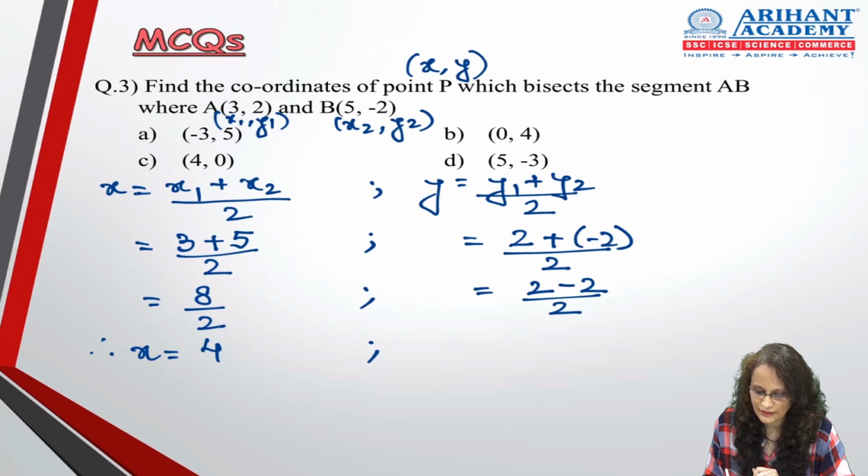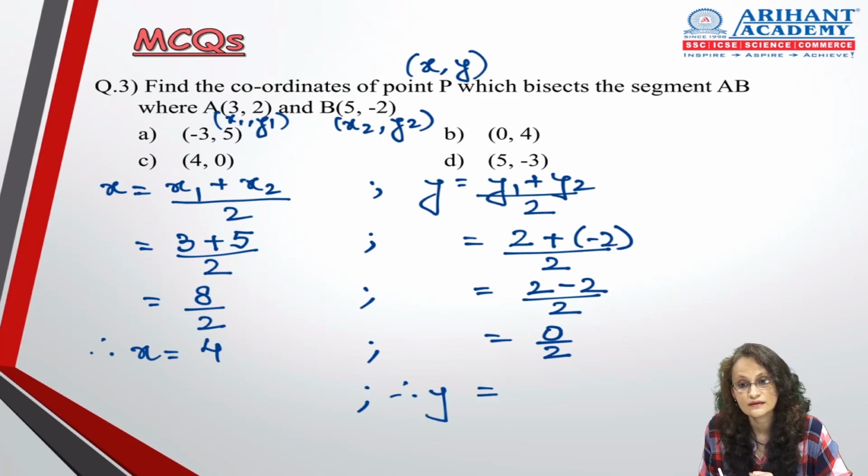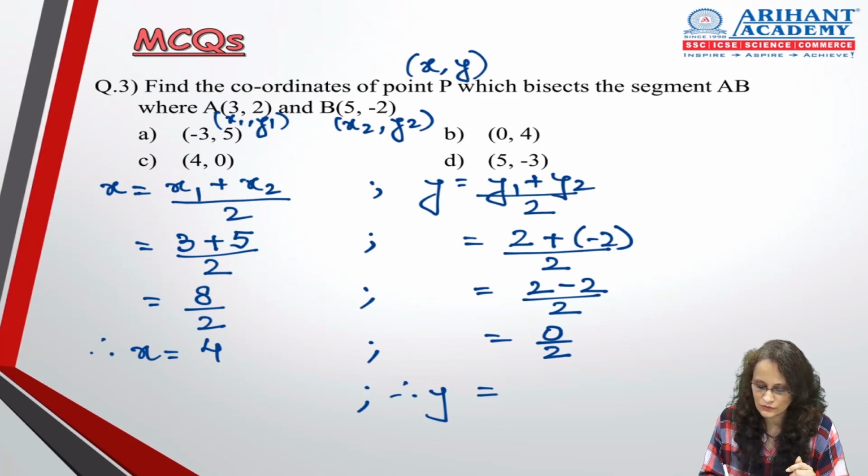So I will get 2 minus 2 is 0 upon 2. So therefore I will get y is equal to, just now we discussed in the earlier MCQ, whenever 0 is divided by any number, the answer is always going to be 0. ठीक है? तो y आया 0.